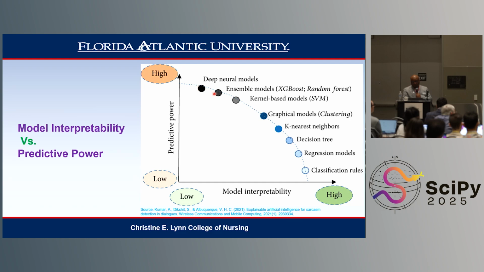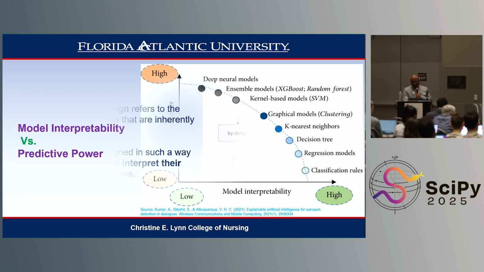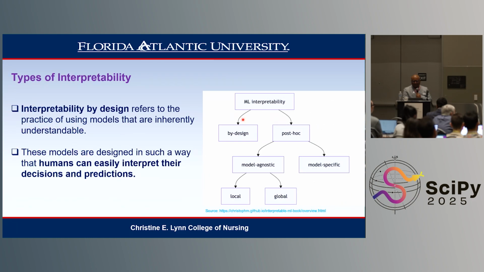The accuracy may be higher, but it is less interpretable. We do not know because it is a more complex model. So you should make the trade-off between these two. Look at the decision tree and k nearest neighbor. They trade off 50-50, maybe 40-60 or 60-40, between predictive power and model interpretability.